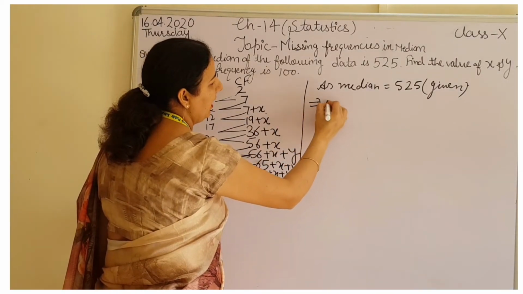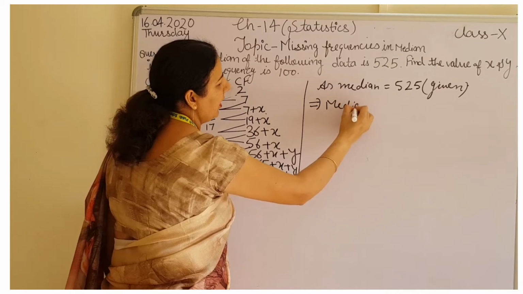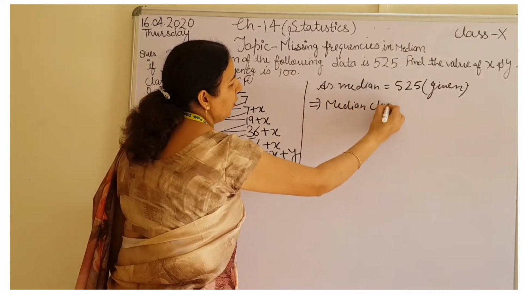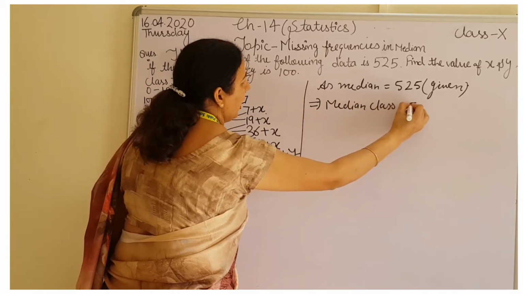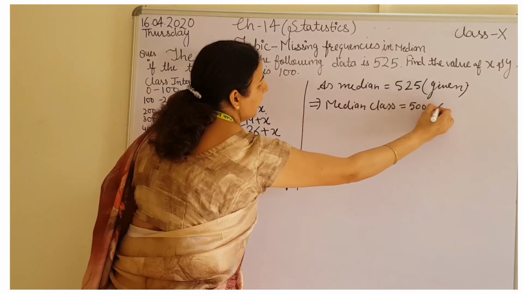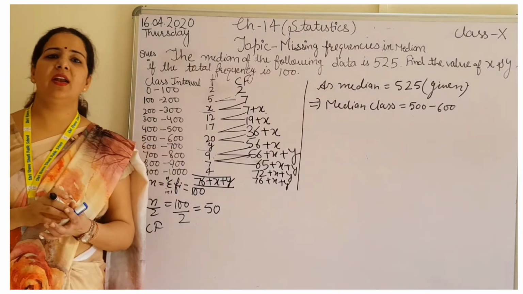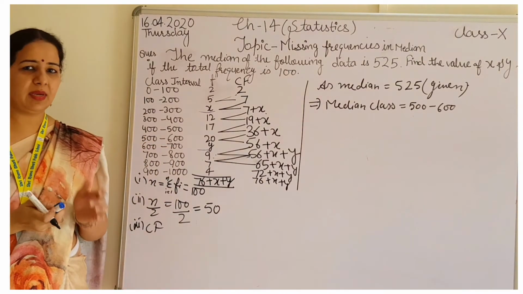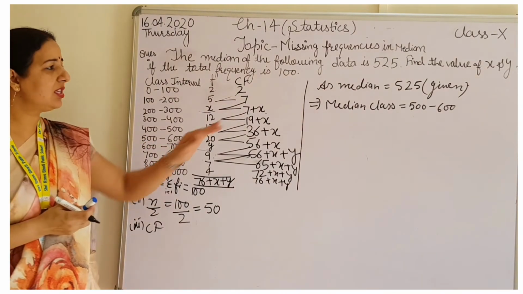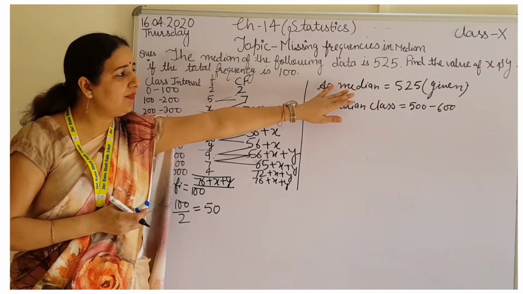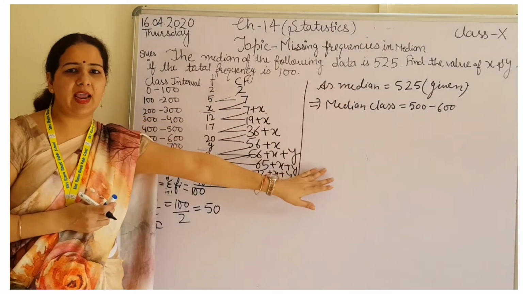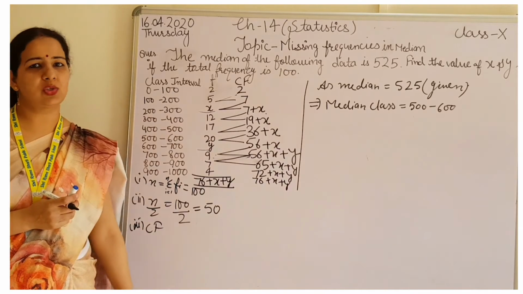This implies median class is equal to 500 to 600. So students, whenever they have already given you the median, at that time you just see in which interval this value will lie, and that will be the median class only.